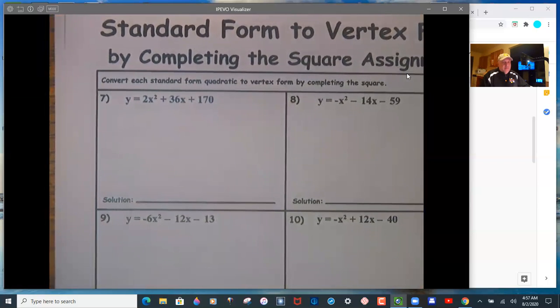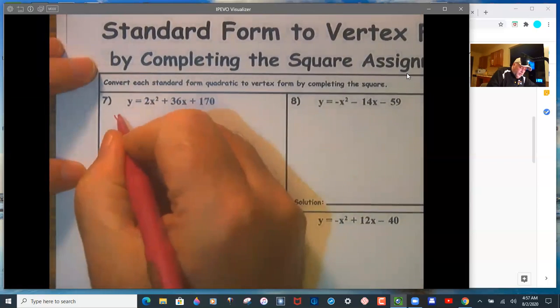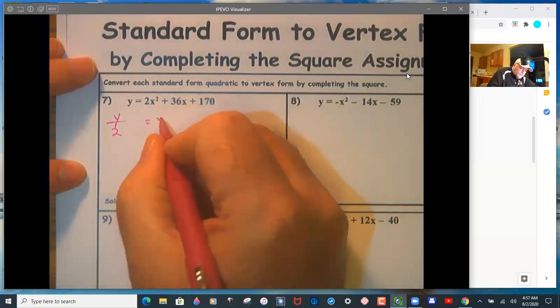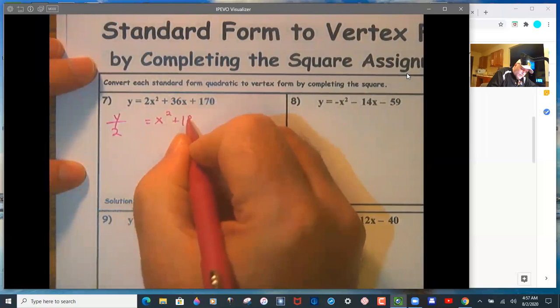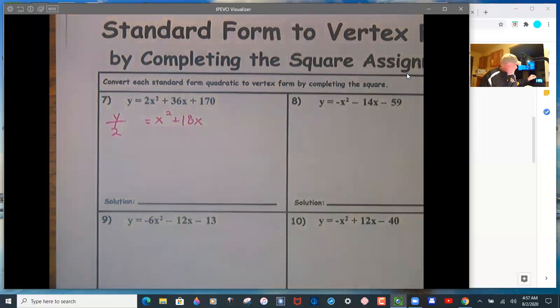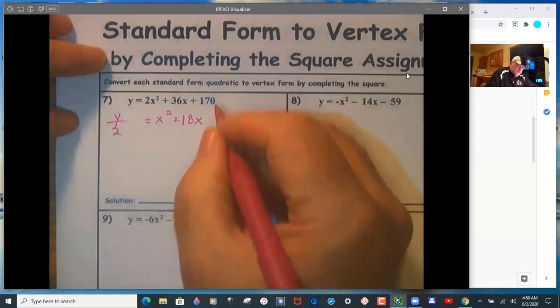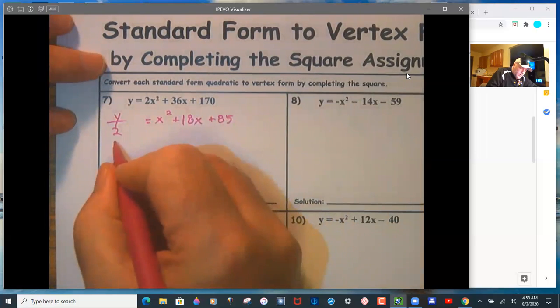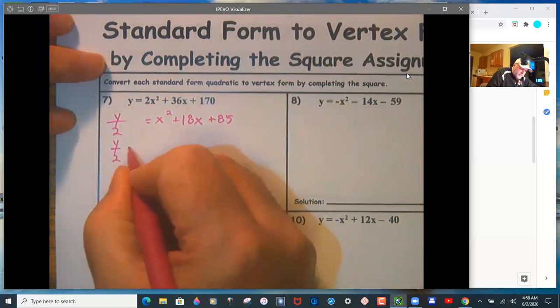So in problem 7, we got to divide both sides by 2 to start with. And so that's going to, and 170 over 2, I think, is 85. Just let me make sure it is. And then we're going to subtract over 85.